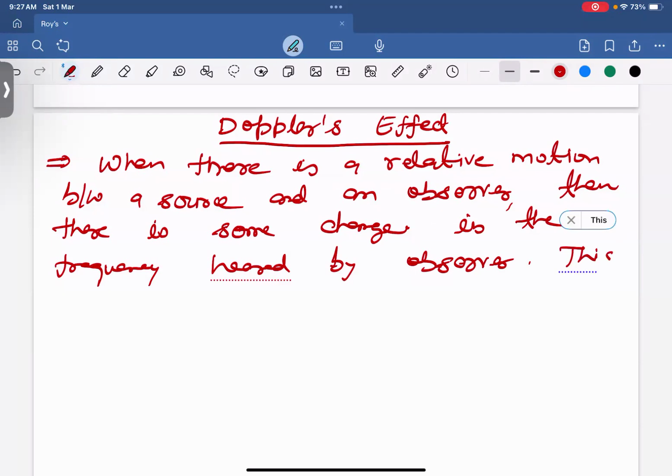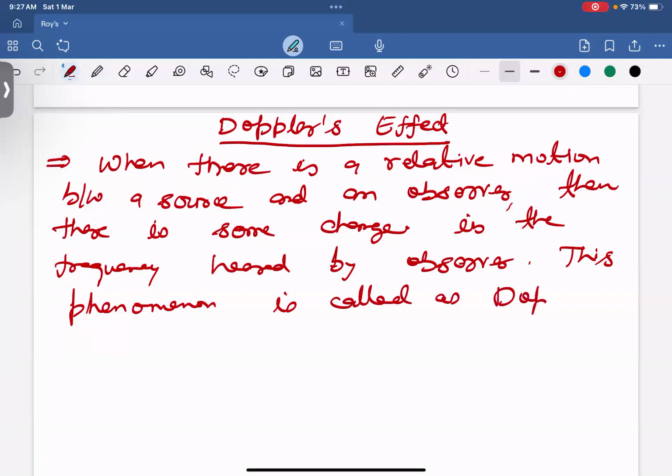This phenomenon is called the Doppler effect.